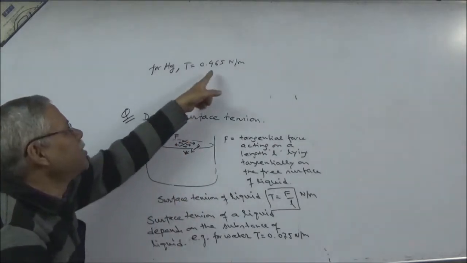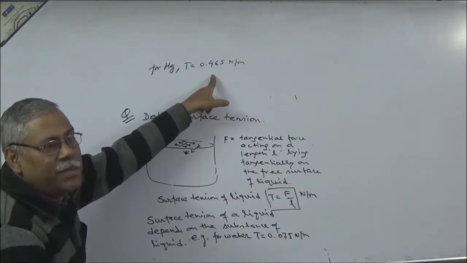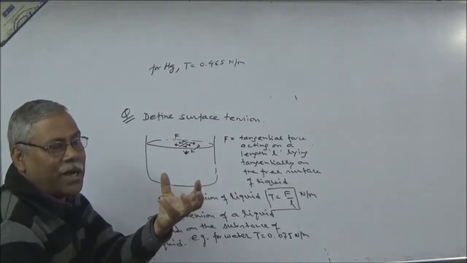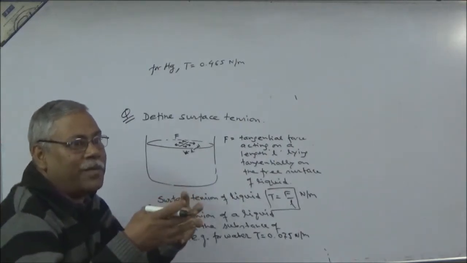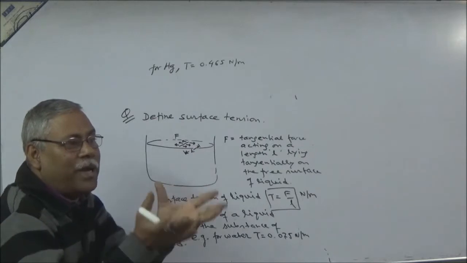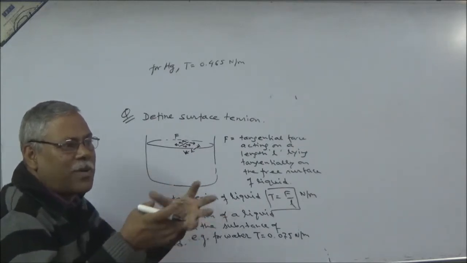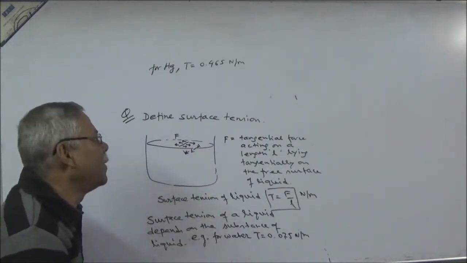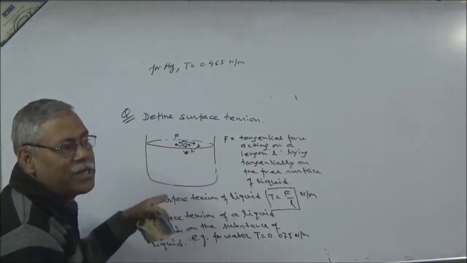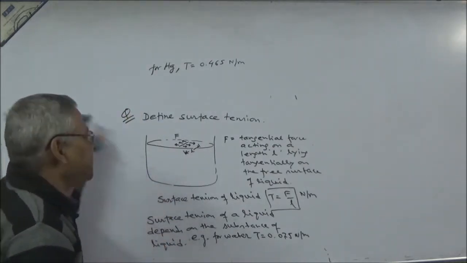So mercury has greater surface tension, meaning the cohesive force of mercury is large. You must have seen that mercury droplets always try to combine. If two mercury droplets come together, they combine to form a bigger drop. That is because of high cohesive force. So surface tension depends on the liquid. Change the liquid, surface tension will change.